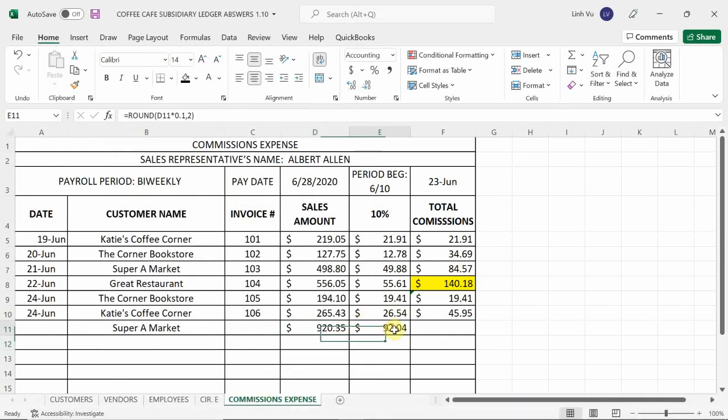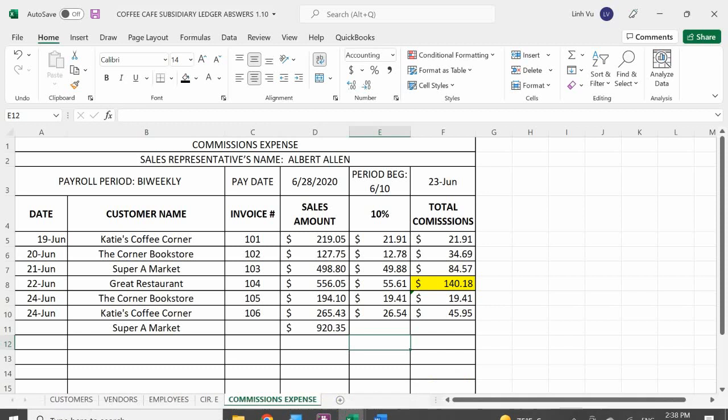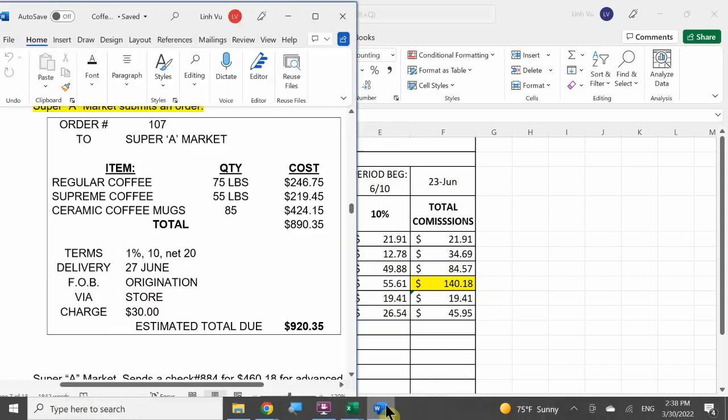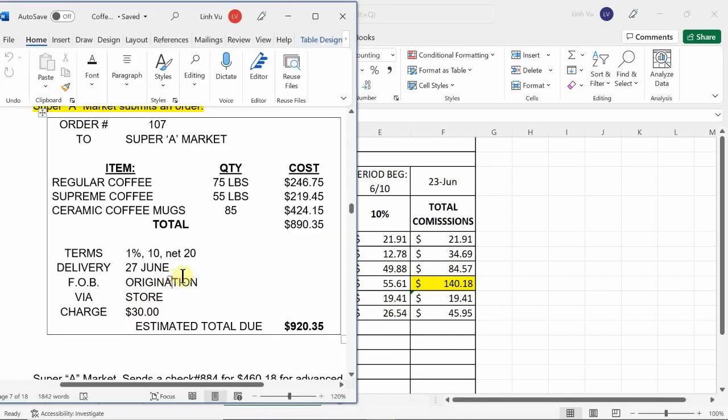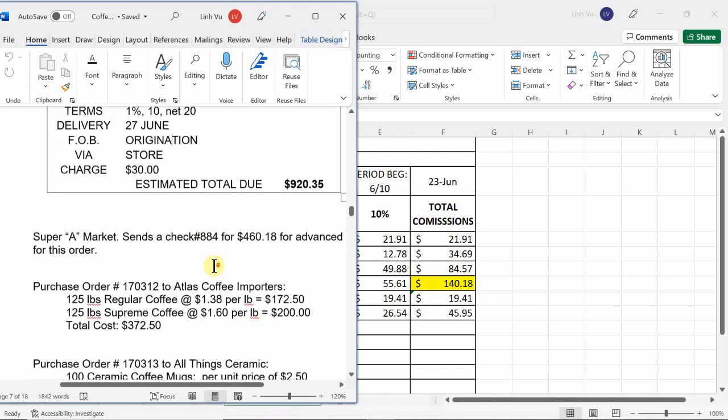So as you can see, Excel's jumping ahead. He hasn't earned it yet, so no need to have that calculated. Okay, so let's see what happened next.